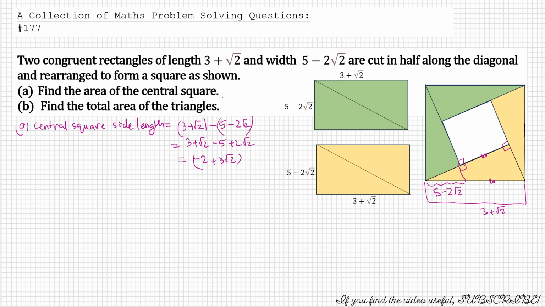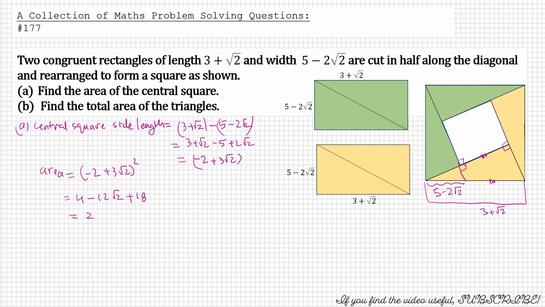So the area would be (minus 2 plus 3 root 2) squared. That would give you 4, minus 2 times 2 times 3, which is 12 root 2, and plus 3 times 3, which is 9, times 2 is 18.